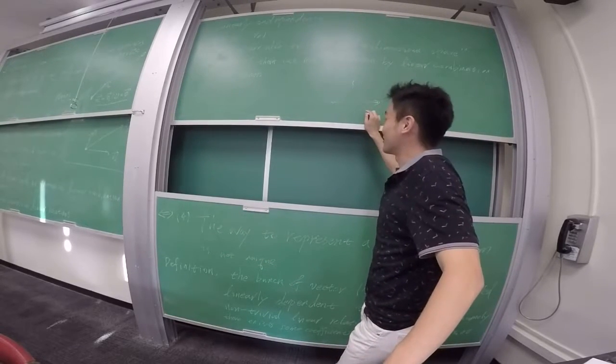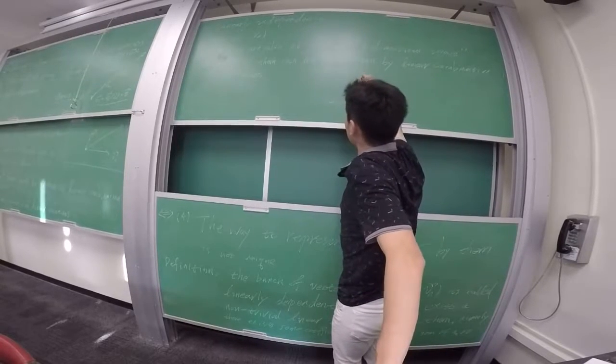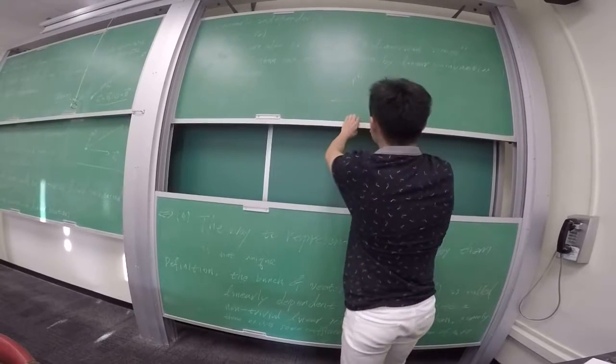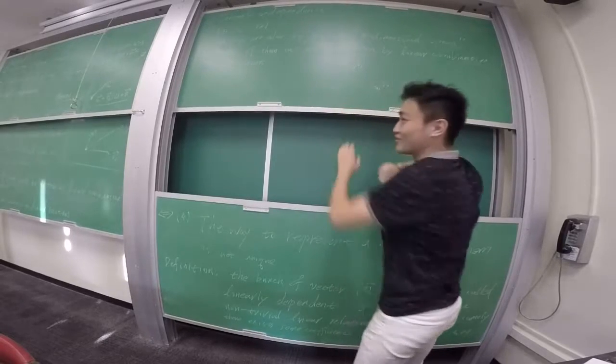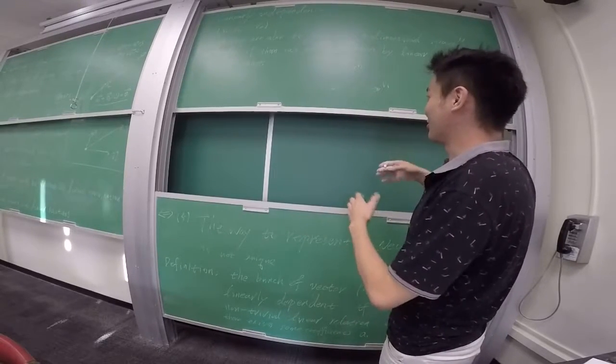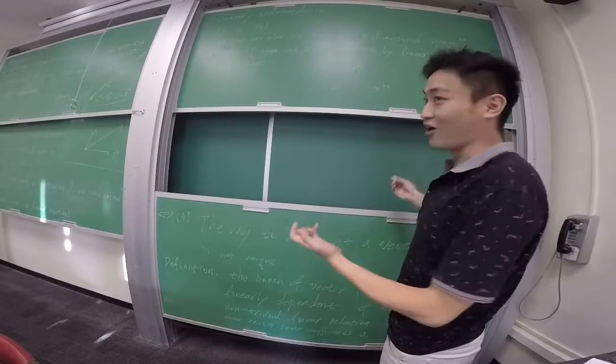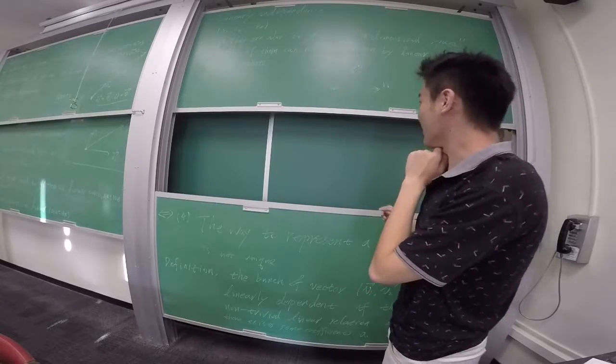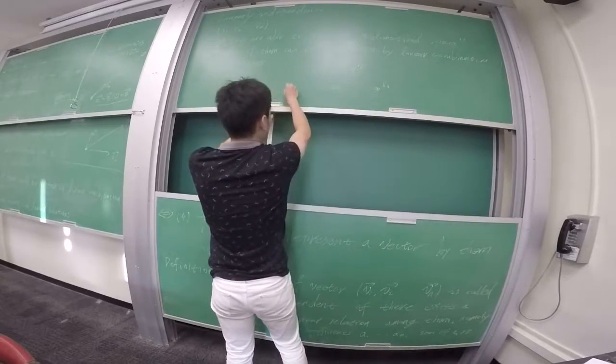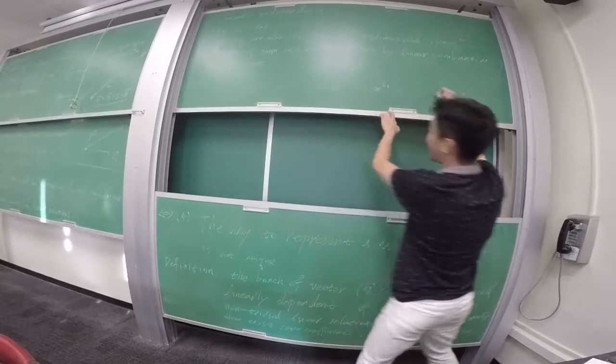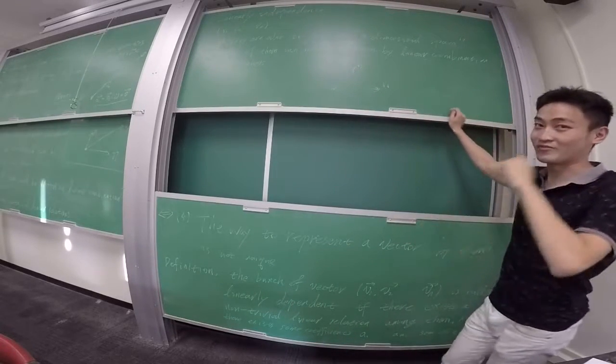Because if you want to write V2 as a linear combination of V1, you will meet some trouble: all the linear combinations of V1 are restricted to this line, in the same direction as V1.